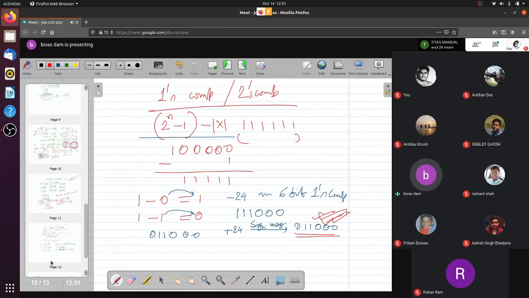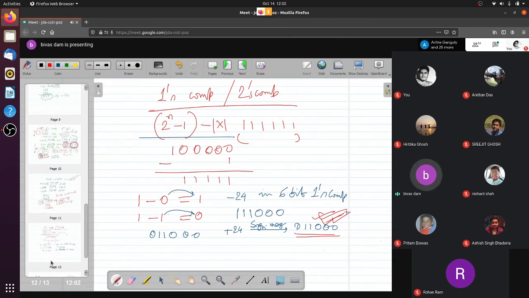My starting point is to assume the number is positive. I am not bothered about whether the number is positive or negative. I am finding the sign magnitude representation. This is the first step. After that, I have to go for taking the actual sign of the given number.